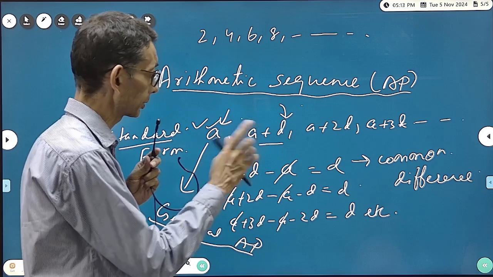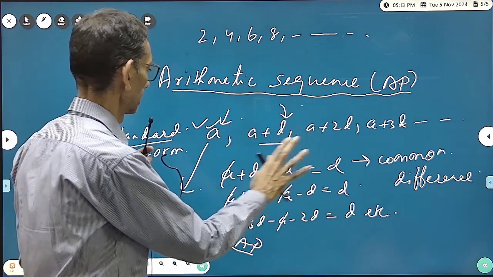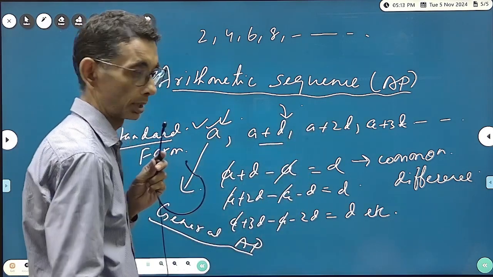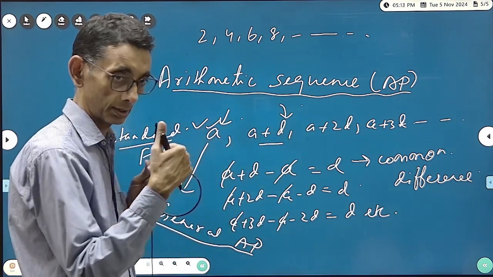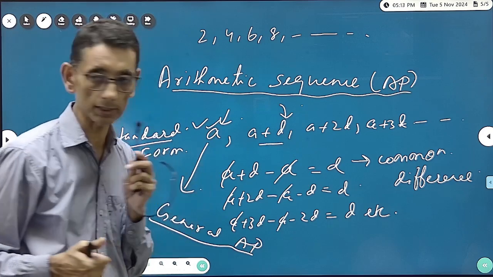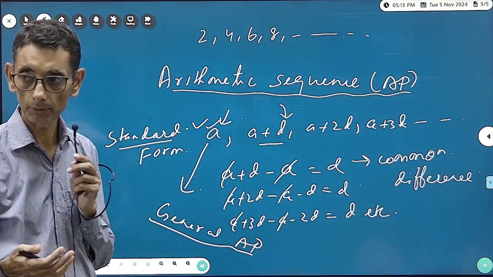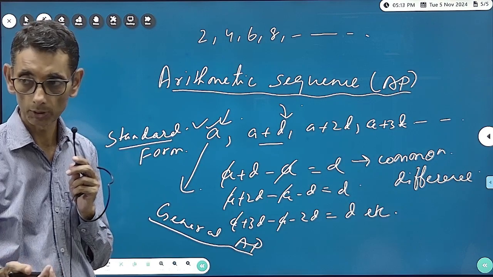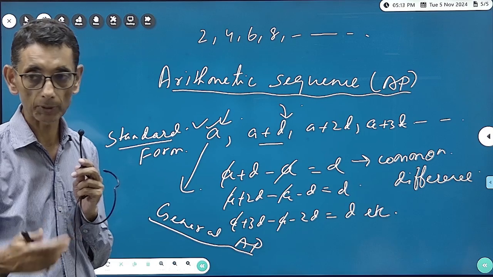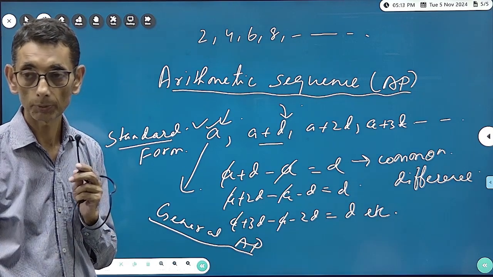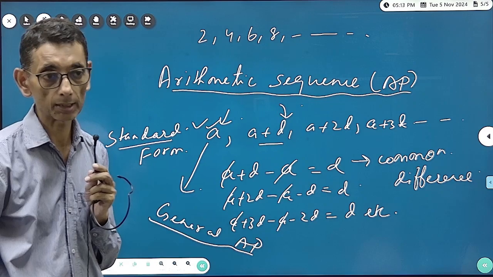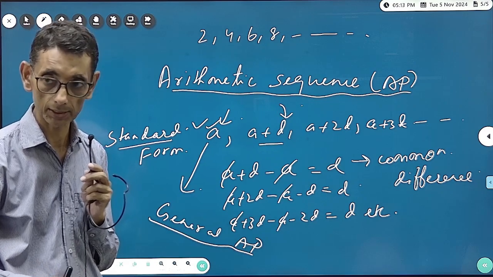If you observe the pattern, the second term has one d, the third term has how many d's? 2. The fourth term has 3. The fifth term has 4. Always 1 less. The sixth term has 5. The seventh term has 6. It will continue.